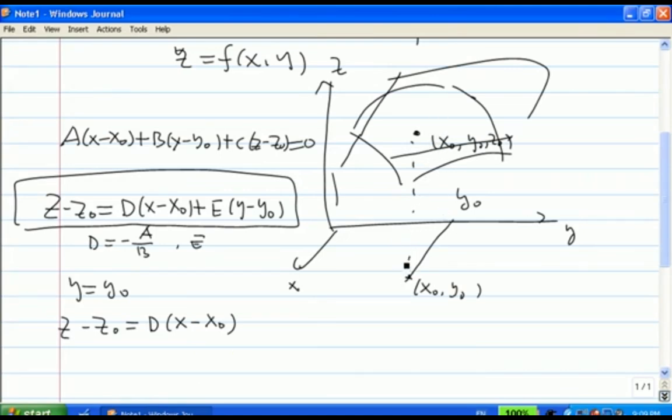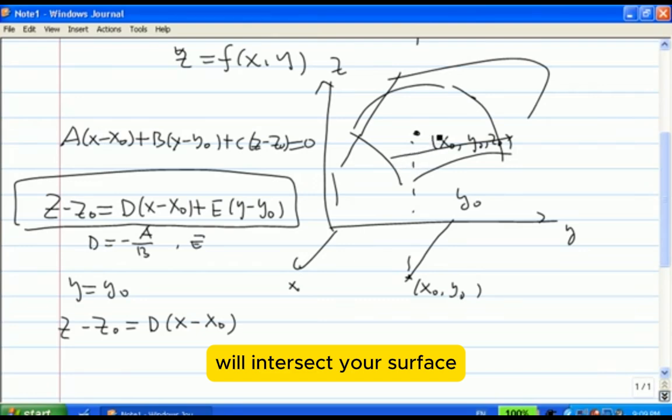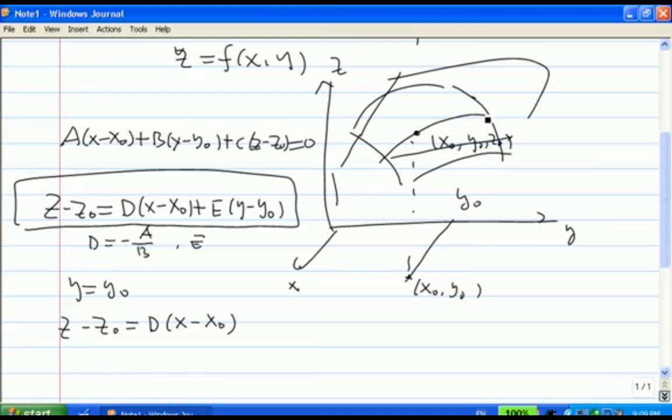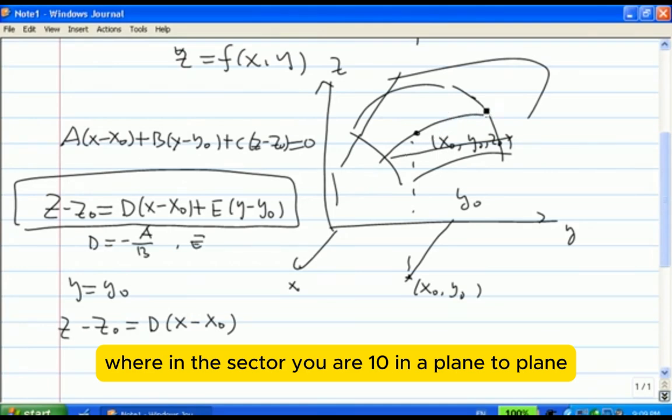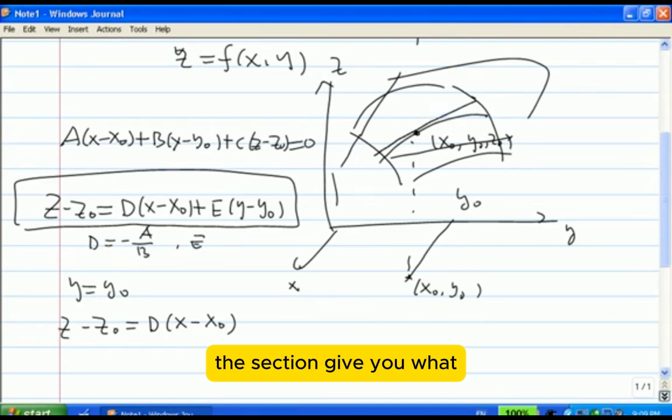Go up, it will intersect your surface and get a curve like that. And y equal to y0 will also intersect your tangent plane. Two plane intersection gives you a line. This line, in fact, is the tangent line to this curve.